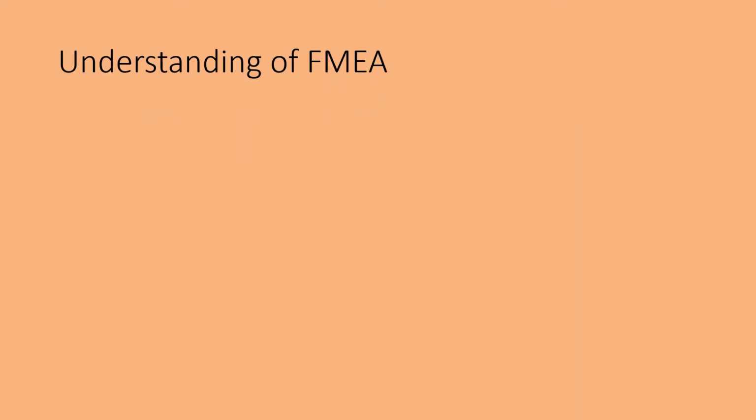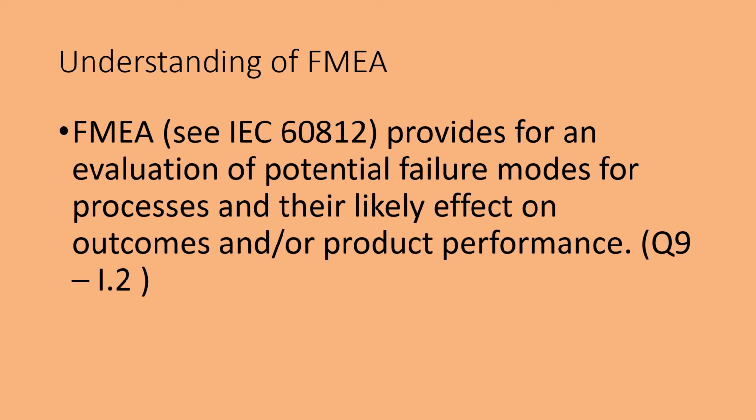Let us understand the intent and the concept of FMEA. FMEA provides for an evaluation of potential failure modes for processes and their likely effect on outcomes and product performance. This is referred to as Section 1.2 in Annexure 1 of the QRM guide Q9.